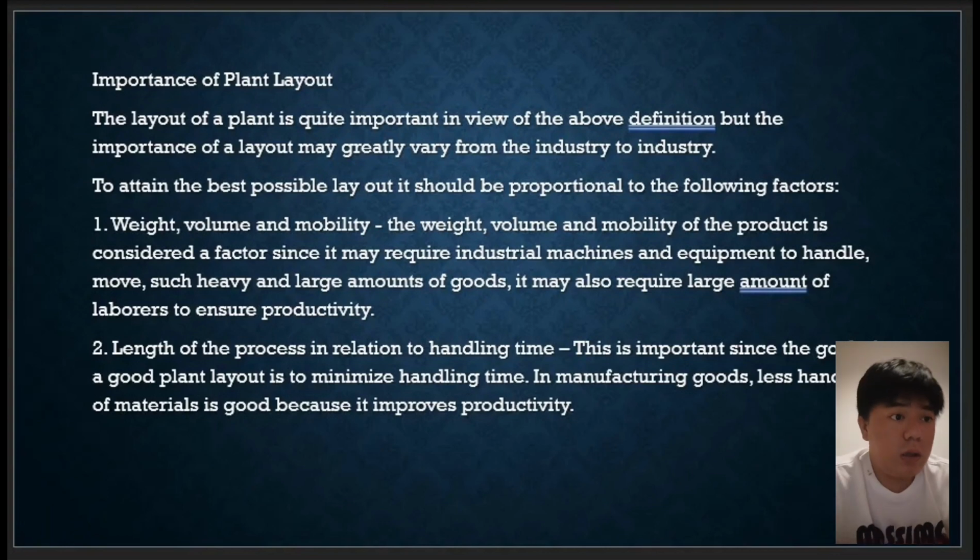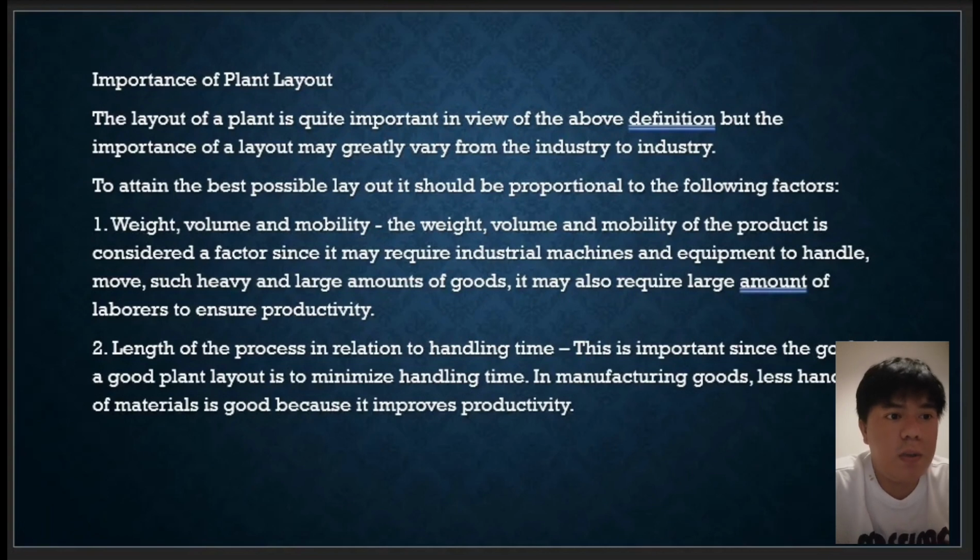So the next one is importance of a plant layout. The importance of the layout of a plant is quite significant in view of the above definition, but the importance of a layout may greatly vary from industry to industry.